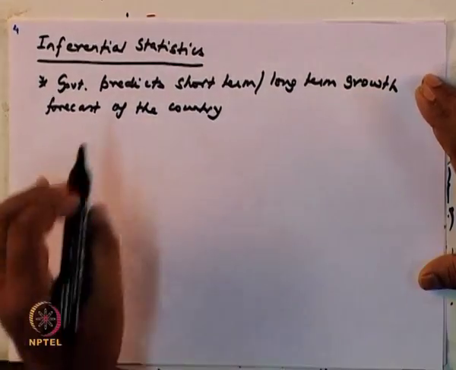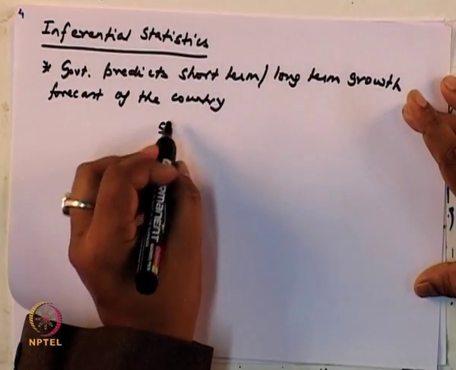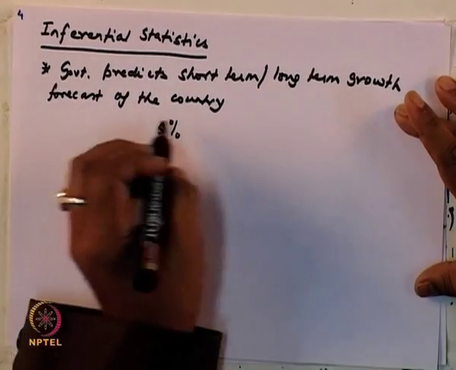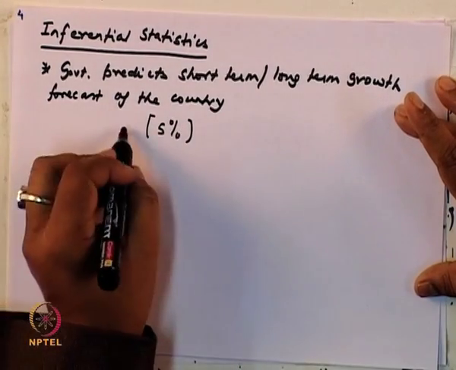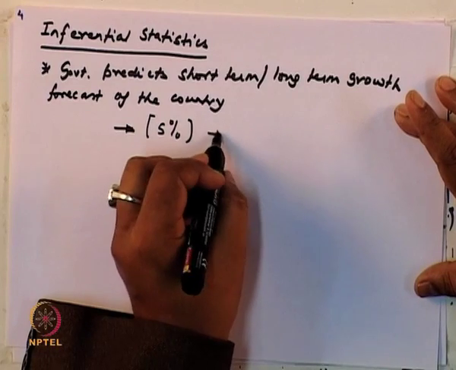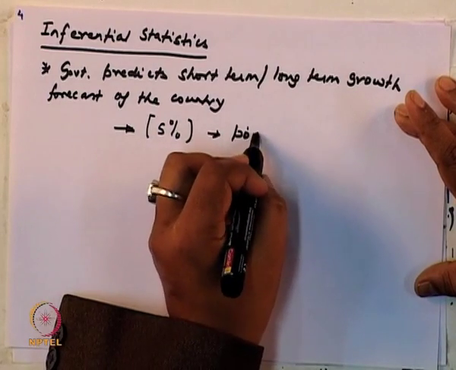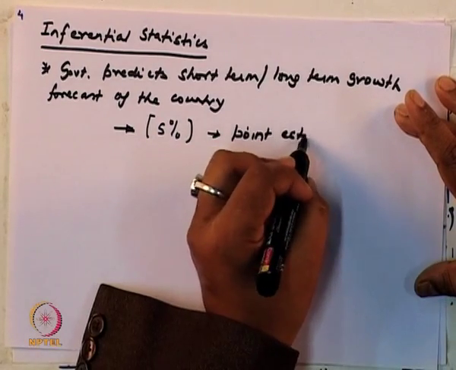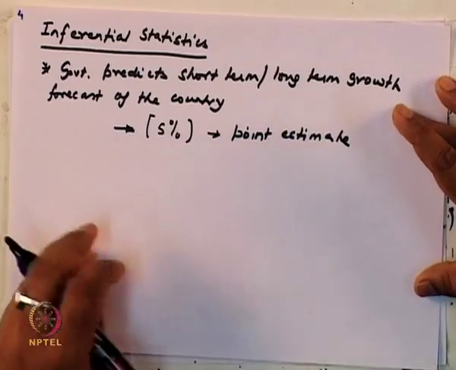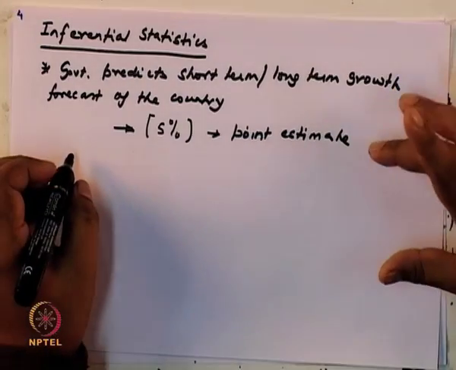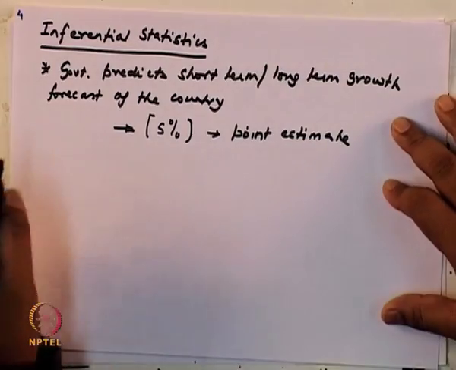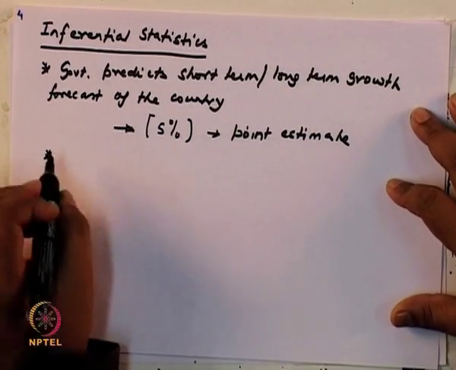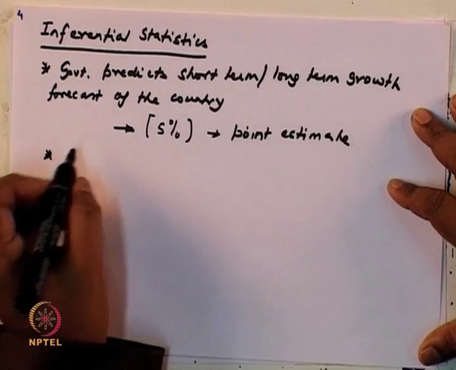This might be, let us say, that the GDP will grow at 5%, at 7%, and so on and so forth. So here you have what is called a point estimate. That means statistics is used to predict a single value, versus, let us say, you can estimate a range.